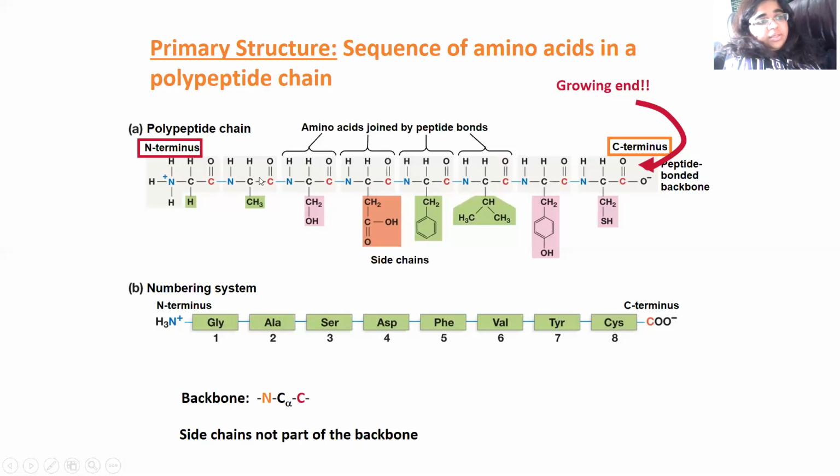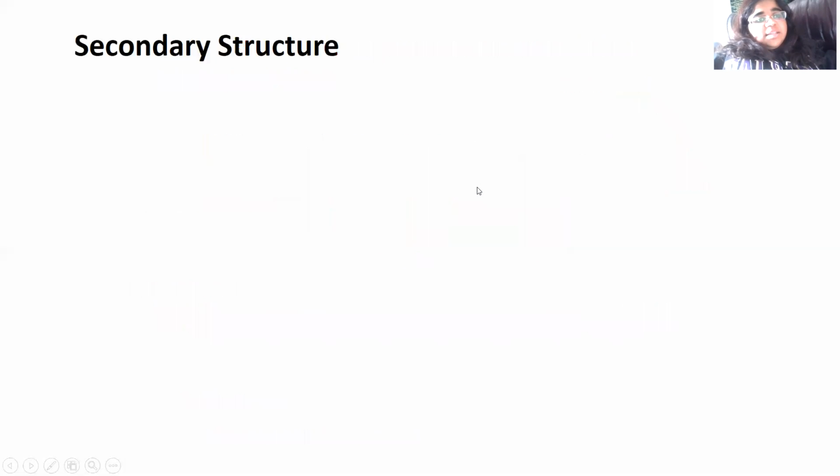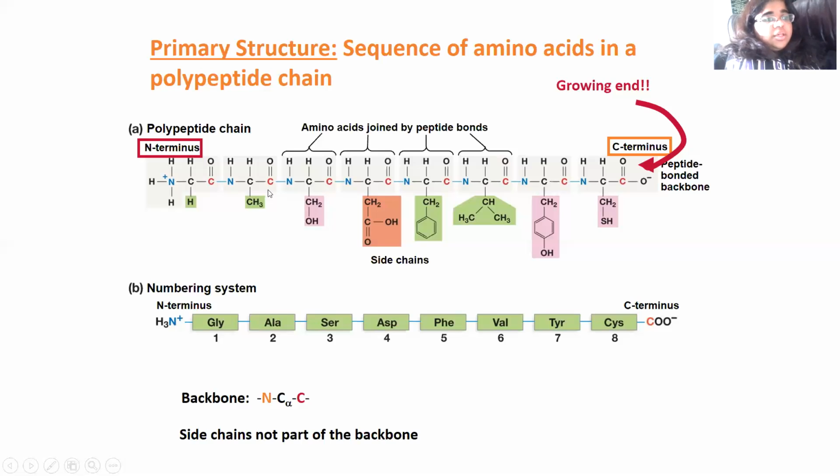You go on between each of these. So you see that it's nitrogen, alpha carbon, carboxyl carbon, amino nitrogen, alpha carbon, carboxyl group. So that's the backbone. These side chains are always going to be more out towards, it's not part of the backbone, it's facing out of it, right?